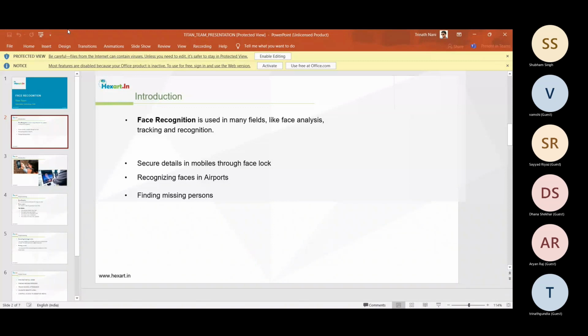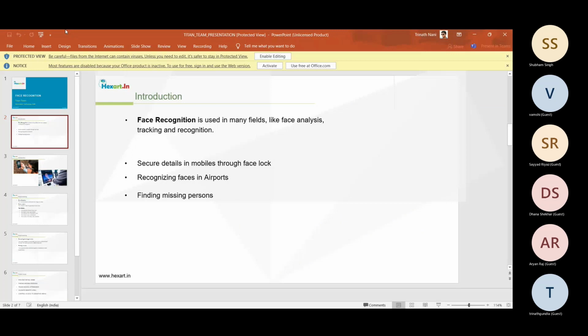It can store the data of people as a face print. Using deep learning, it compares the captured face with the database available inside the dataset.